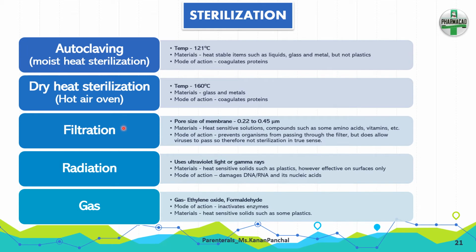Filtration, as we studied, is a cold sterilization method. The pore size of the membrane used is generally 0.22 to 0.45 microns, depending on the product you are sterilizing. The materials sterilized by filtration are heat sensitive solutions and mostly compounds which are proteins and vitamins.